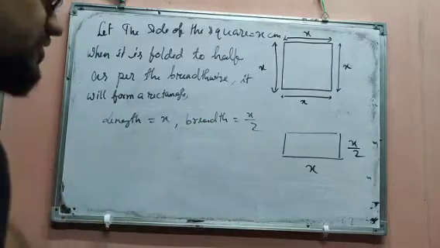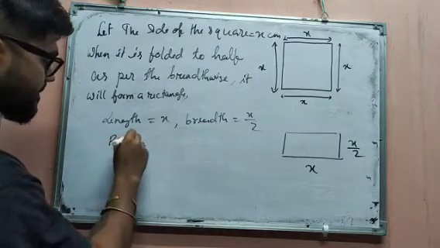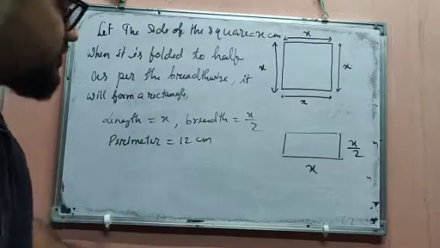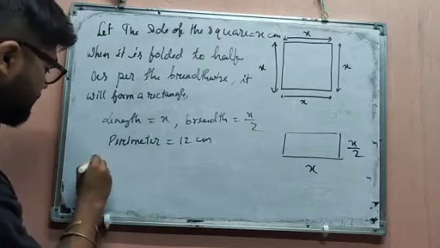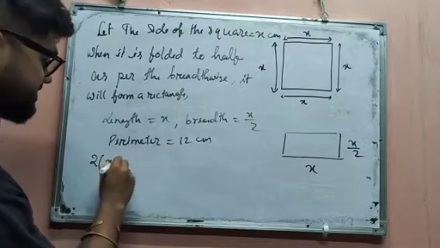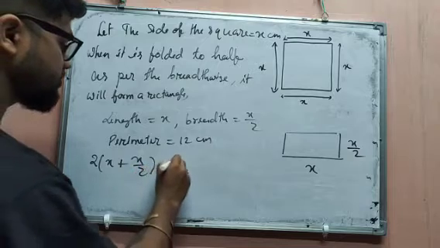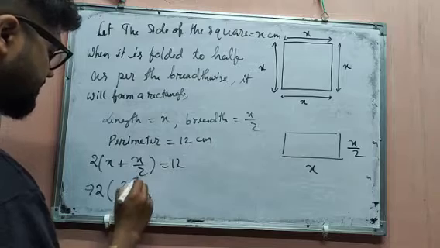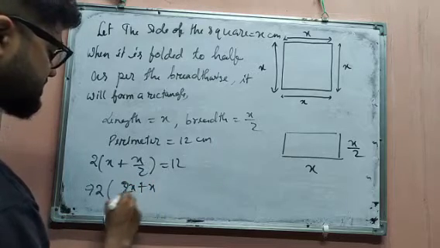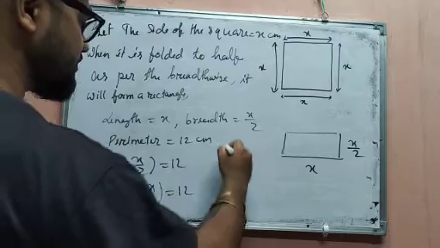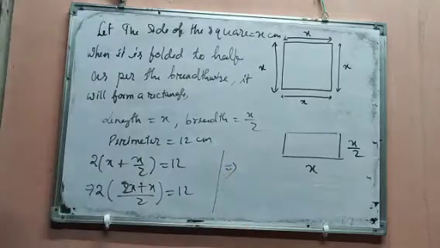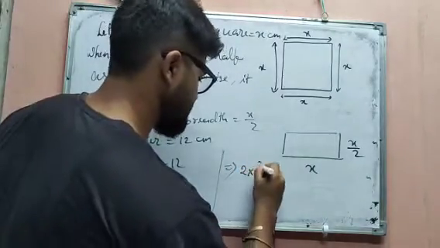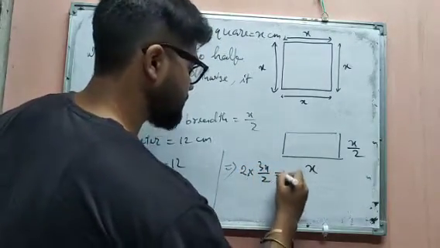Now the perimeter of this rectangle is given as 12 centimeter. We know the perimeter of a rectangle is 2 into (L plus B). So 2 into (x plus x by 2) equal to 12, or 2 into 3x by 2 equal to 12.